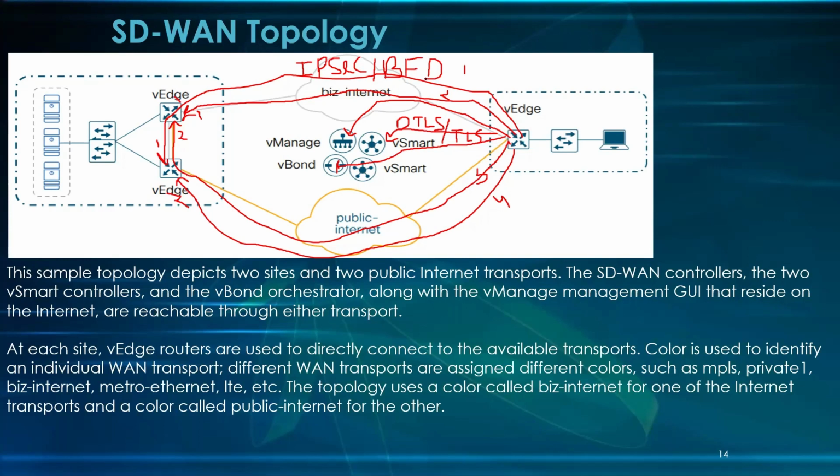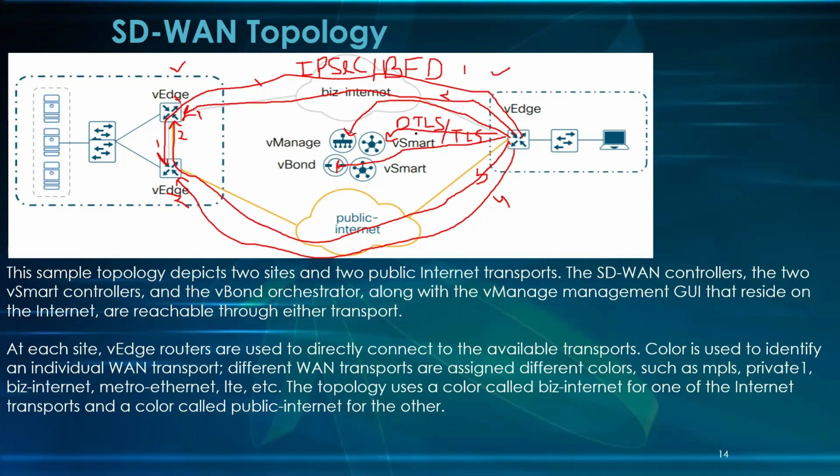It is going to check end to end, because BFD runs from one vEdge to the other vEdge, and it runs on each tunnel. So if this path fails anywhere, either on the data center side or on this side, it will immediately notify that there is a path failure, and the IPsec tunnel will go down, right?